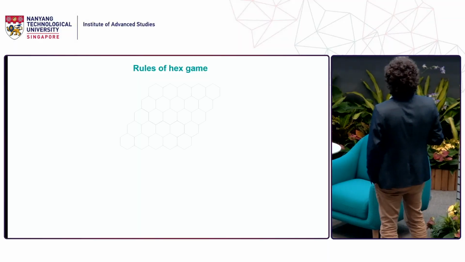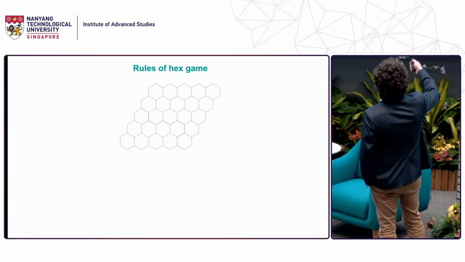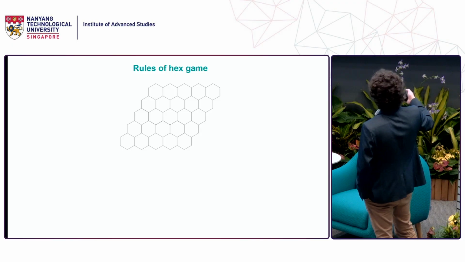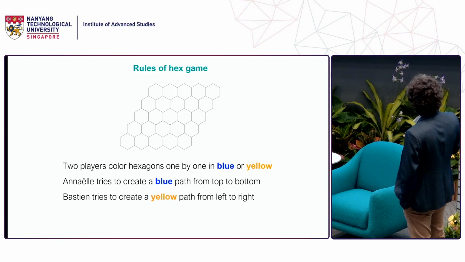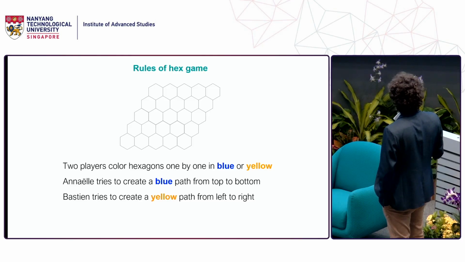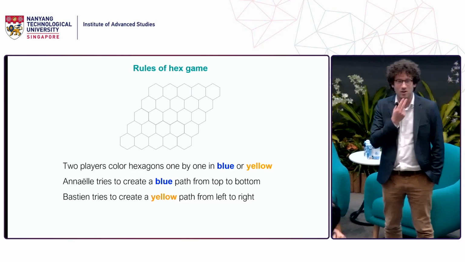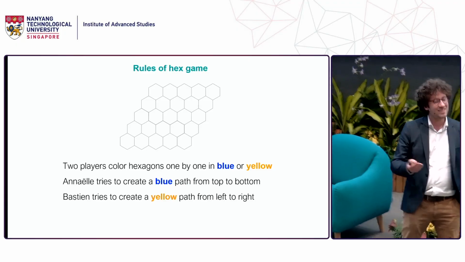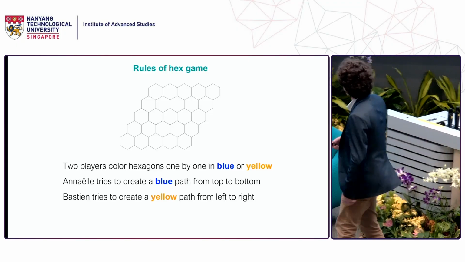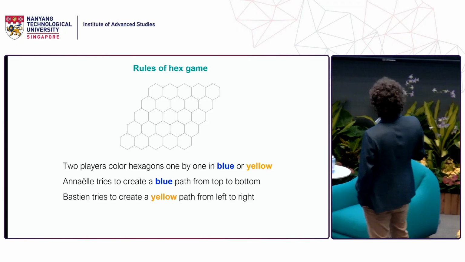So the game is the following. You have a board, let's say 5 by 5. It could be 10 by 10, 11 by 11. And you have two players, say Anaëlle, she plays in blue, and Bastien plays in yellow. I realize that these are very French names. But you know, we learn many things through math.